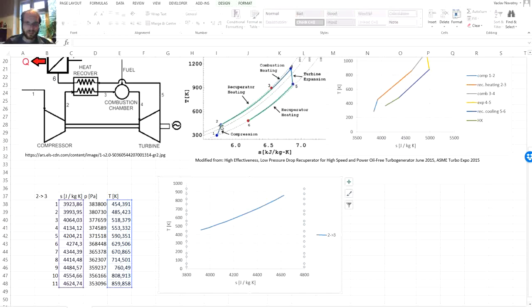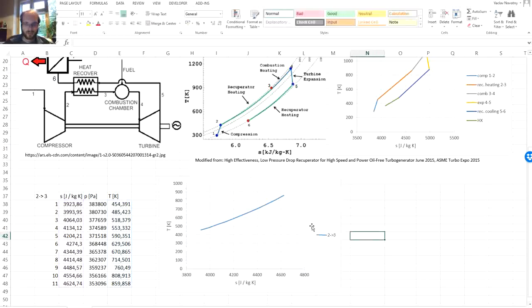So change 1 and 2 in the compressor for us will still be a straight line. We will not look in this course into some details of the compression, but we could, for example, assume a constant efficiency of the compressor, and then we would also have some curvature in this.